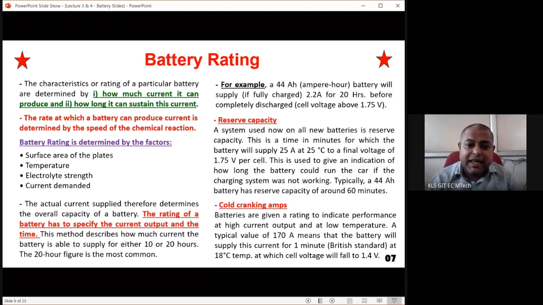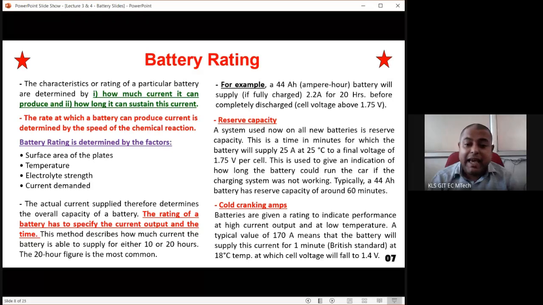So cold cranking amp means how much current the battery can supply in 1 minute. For a battery of 44 ampere hour, 12 volt, we are expecting somewhere around 170 ampere from that battery at very cold ambient temperature.